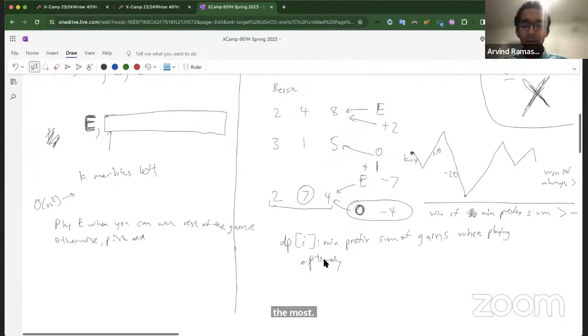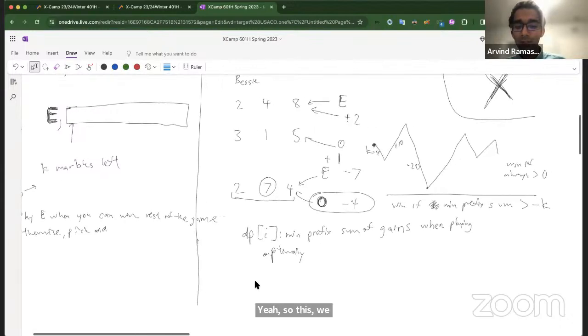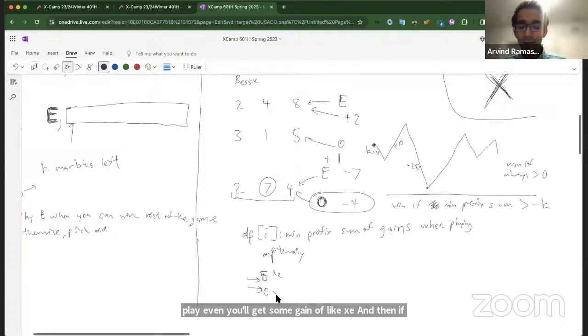So we can compute dp[i] because the first case is you play even, and the second case is you play odd. If you play even, you'll get some gain of xe, and if you play odd, you'll get some gain of xo.